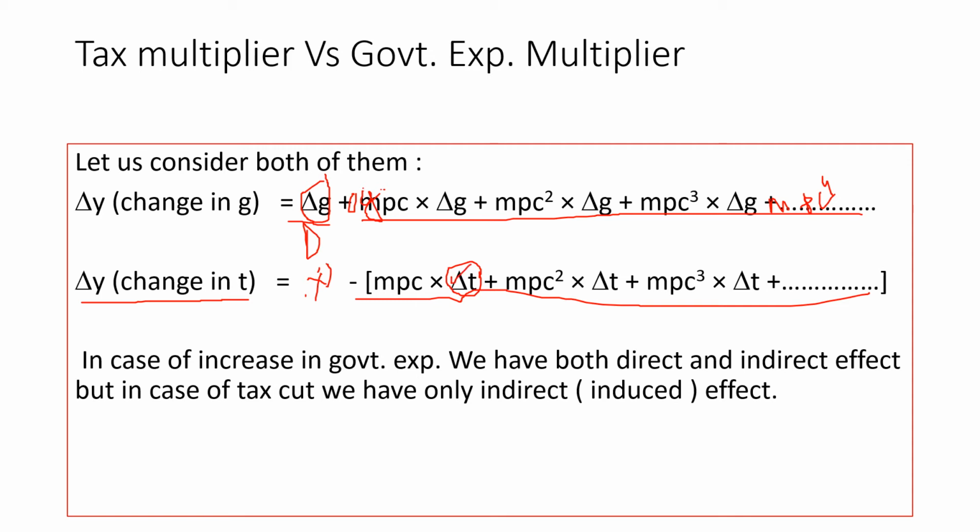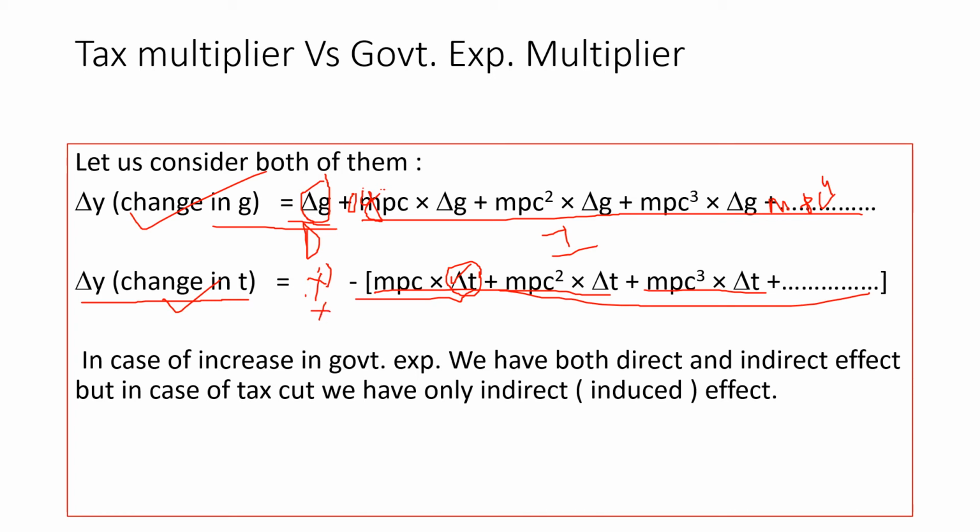Then consumption will increase by MPC times delta T bar, in the second round MPC squared times delta T bar, then MPC cubed times delta T bar, and so on. So if you compare the change in G and the change in T, you can easily see that in the first case there was a direct effect and an indirect or induced effect, but in the case of the tax multiplier, we don't have a direct effect.